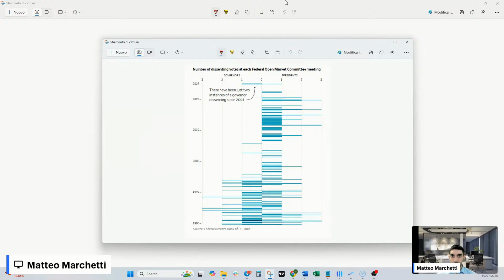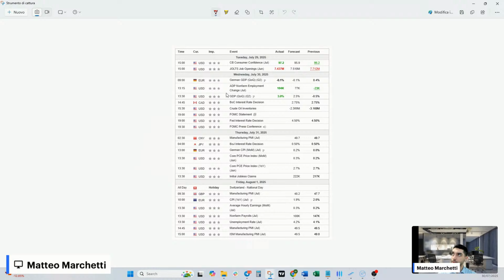Yes, it's true that we saw some tariff impact in the last CPI and PPI data, but definitely the inflation is cooling down. Also, today we had this GDP release for the second quarter, which beat expectations, way above expectation: 3% against 2.5% expected.